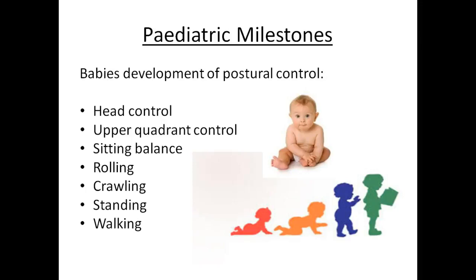Okay, crawling is very natural for us as well, on our hands and knees, as part of that quadruped reflex within the spinal cord. And then eventually we come to standing, and this is a skill that between 9 and 12 months roughly, most babies should be walking by about 12 months, and walking definitely by a year minimum. If your baby's not walking, then it's a failure to thrive.